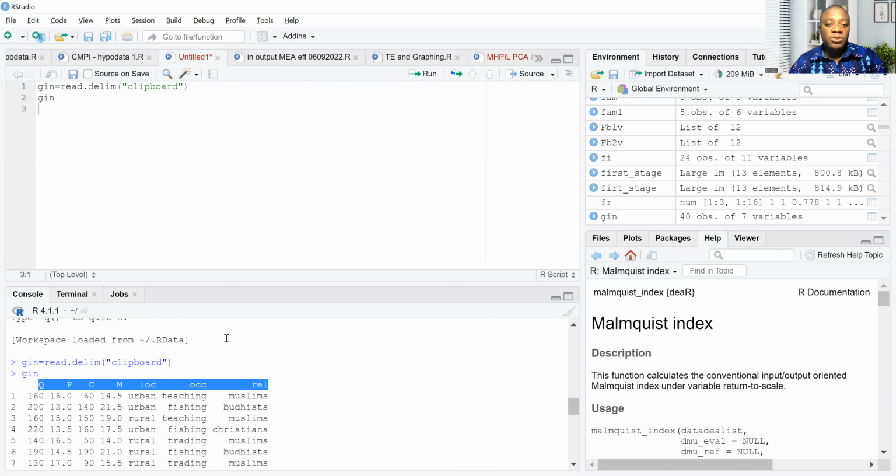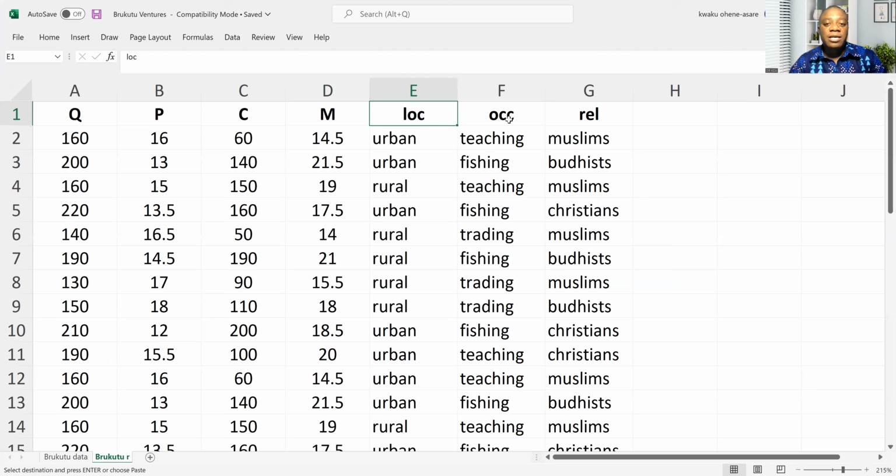If your Excel has OCCU, remove the U and save it, then recopy the data, take it to R Studio and run it. Ensure that it is OCC.